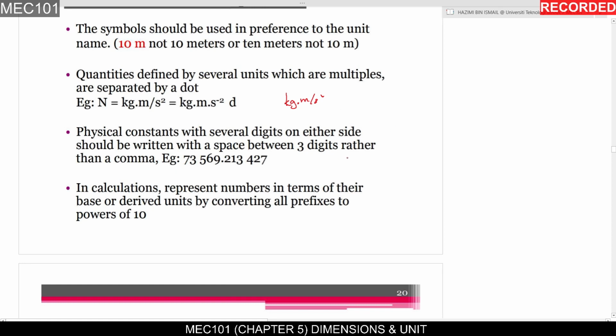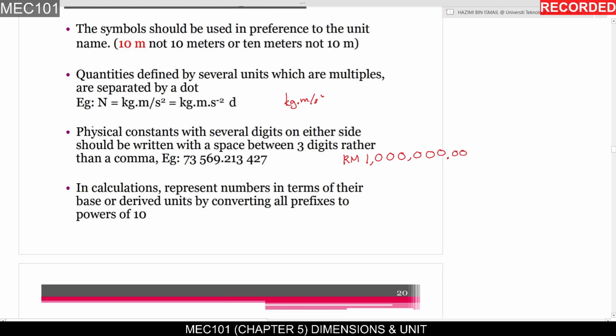Okay, let's say in the finance industry, when we have to write 1 million ringgit, the culture in the finance industry is that we put a comma here, and then dot cent.